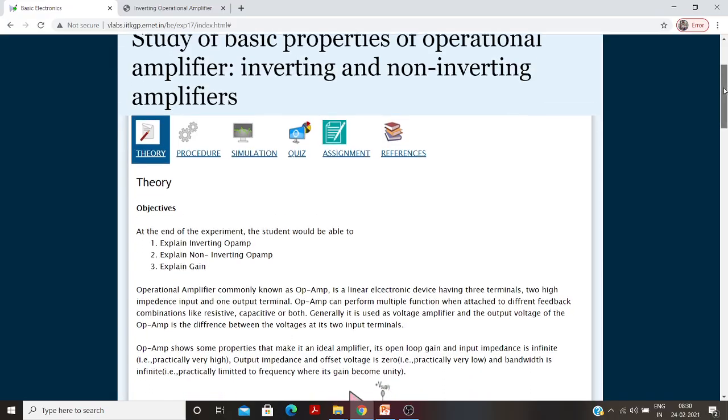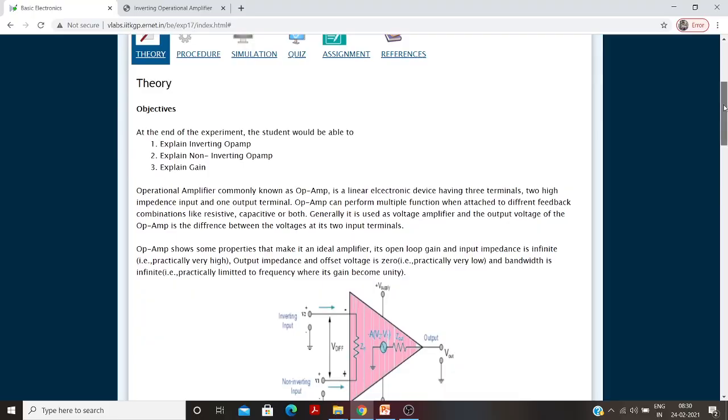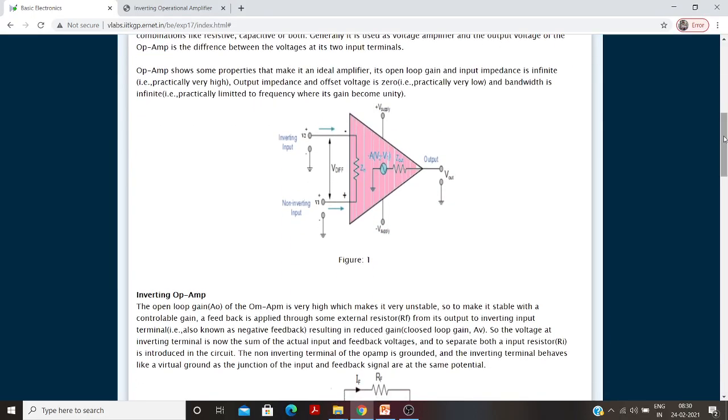What exactly do we mean by inverting and non-inverting amplifier? Suppose I'm talking with you. With the same intensity, if I want to talk to an entire auditorium, what will happen? My voice is not audible to the last person. It might be good for the first or second row itself.